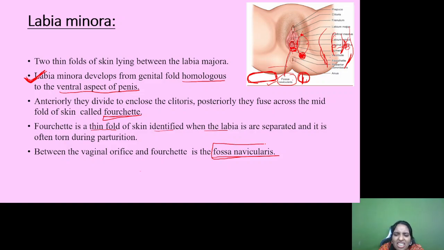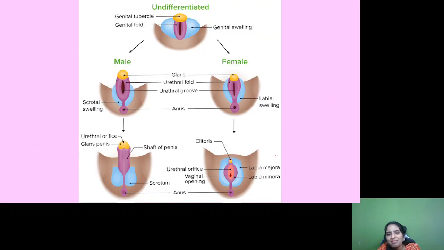You'll come across this later on. Some people say that the ducts of the Bartholin glands open into this boat-shaped structure. Right. Next, as I said, we'll see how it is differentiated.